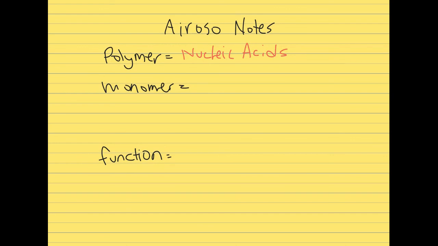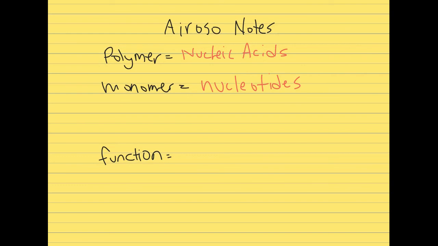So in this case, we have the last polymer or organic macromolecule, nucleic acids. Remember, what is the monomer? What are the smaller little subunits, smaller molecules which make nucleic acids? Let's see if you remember. Yes, you are right. The monomers which make nucleic acids are nucleotides. And what do nucleotides look like?